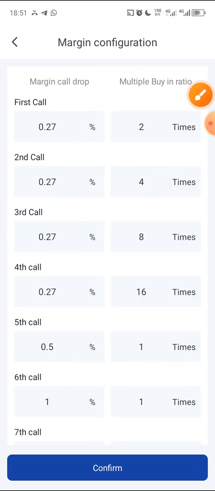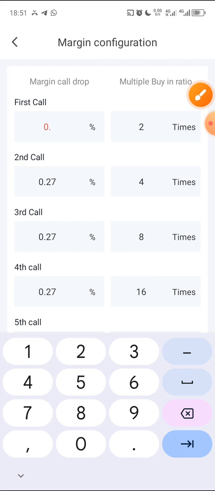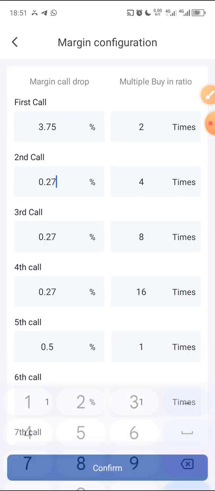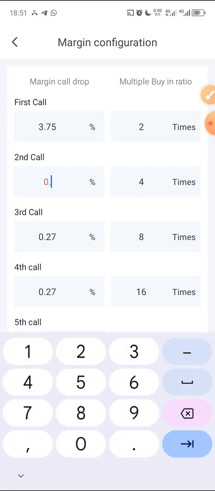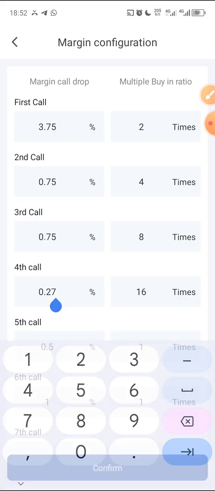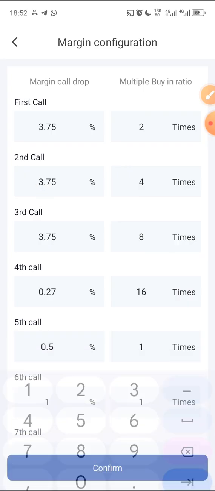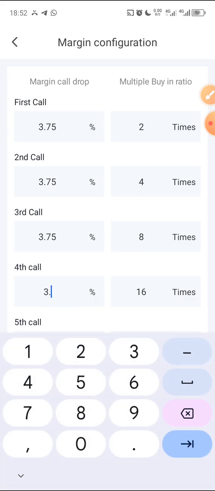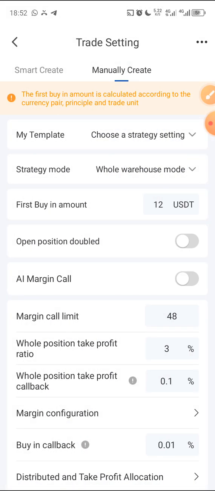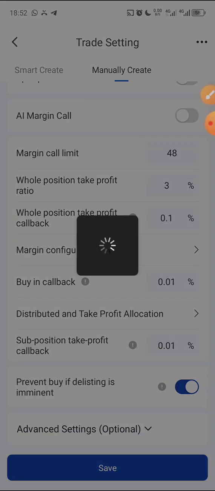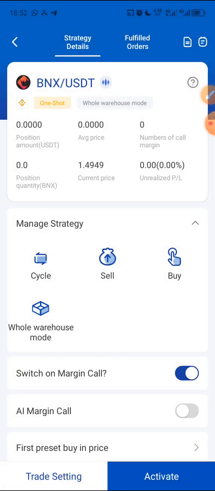So you come, you edit 3.75, 3.75, 3.75, and 3.75. You confirm, then you save. After that, you start your trade.